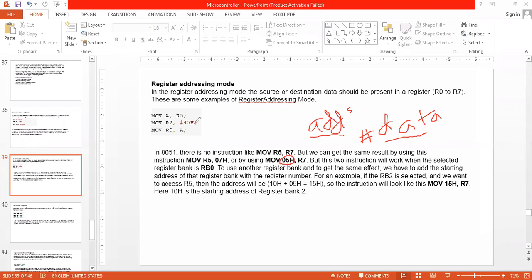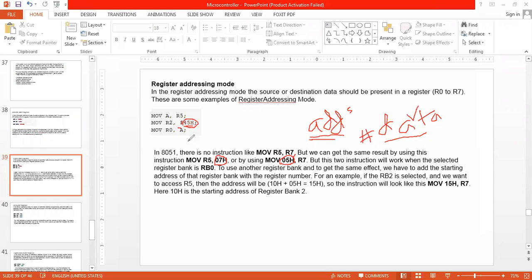Whenever any number is written using a hash symbol, that number becomes data, which can be stored into an address, and that address is written without any hash symbol.